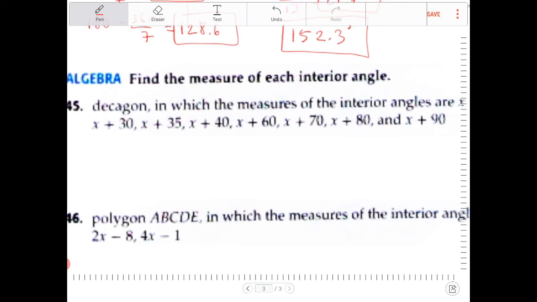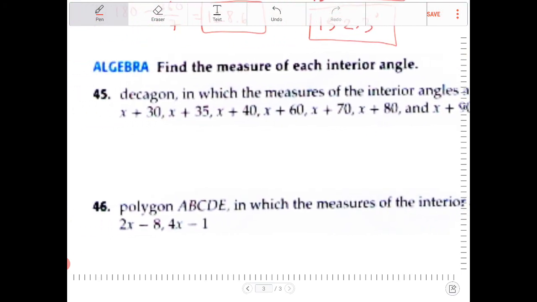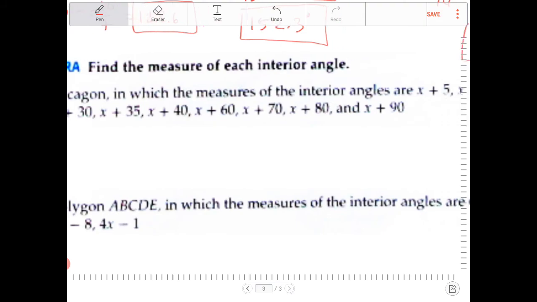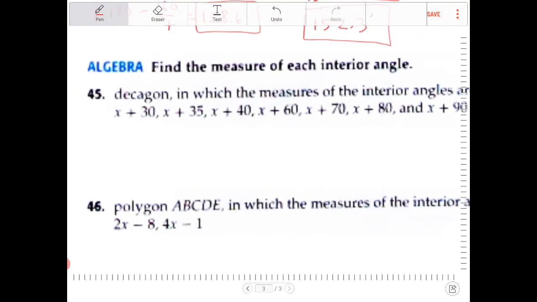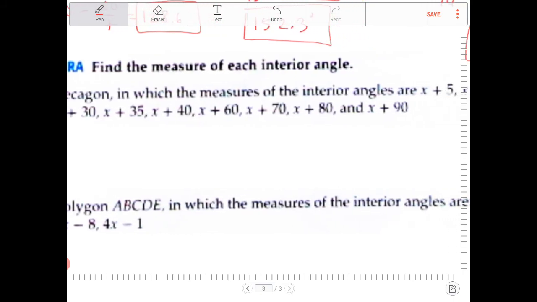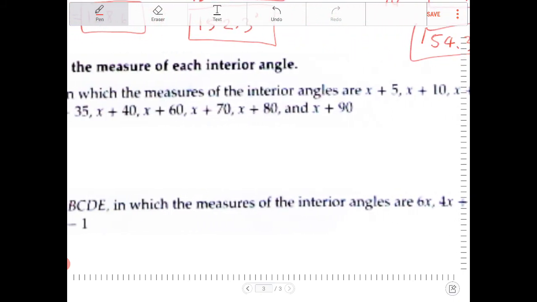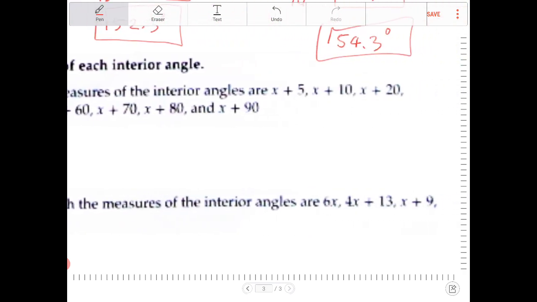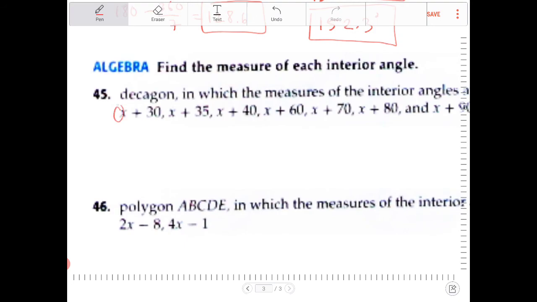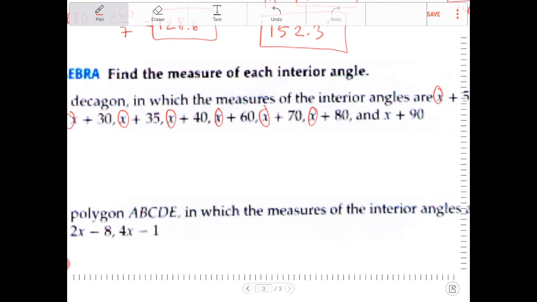Okay. Find a measure of each interior angle of the decagon in which the measures are given. So all of these things are the interior angle. So how many x's are there? I have 1, 2, 3, 4, 5, 6, 7, 8, 9, 10, so 10x.